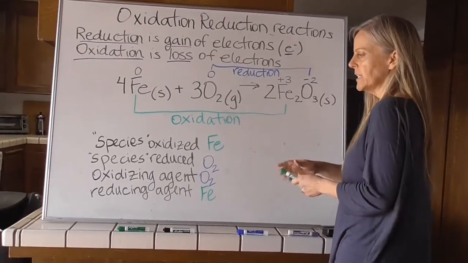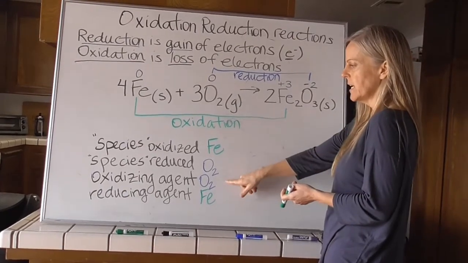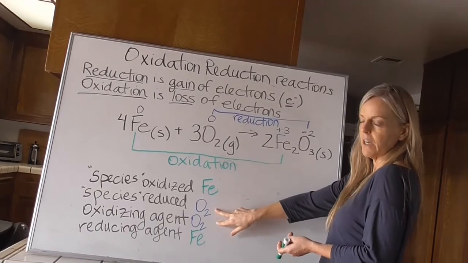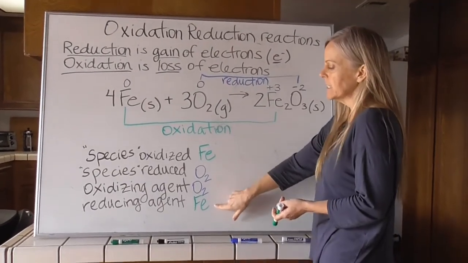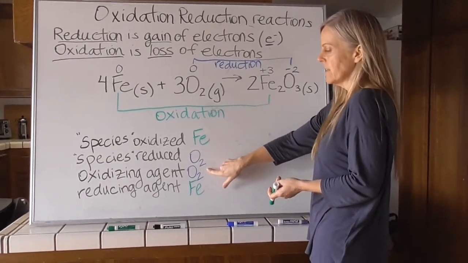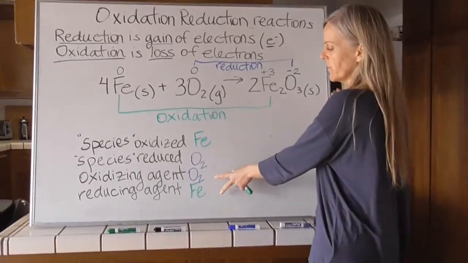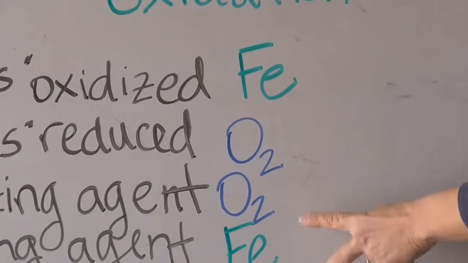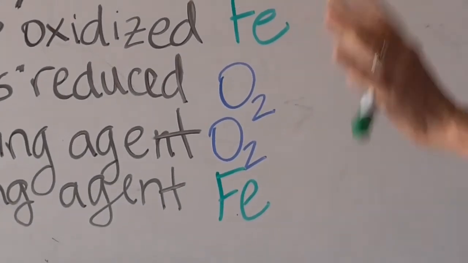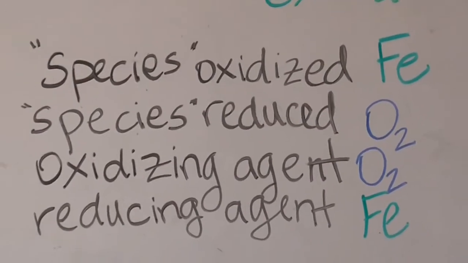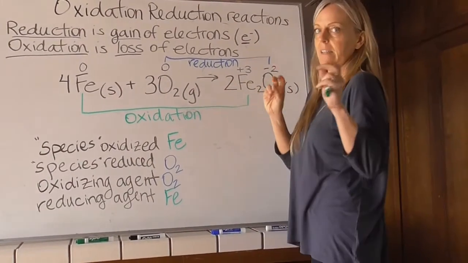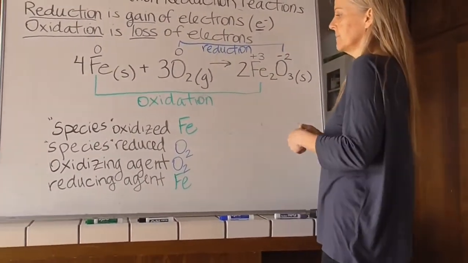In the beginning, it's good to just think that the agents are the opposite of what the species are. But it gets a little more complicated when actually writing these out. You have to write out what each one of those atoms was in on the reactant side. It's just that in this particular problem, it's a simplified version, because exactly what was oxidized and reduced is the only thing that it's in on the reactant side.